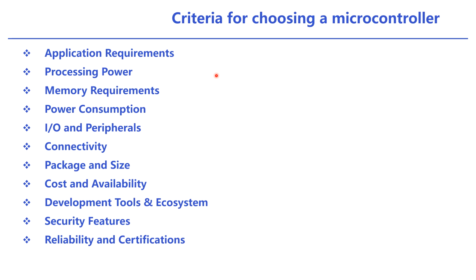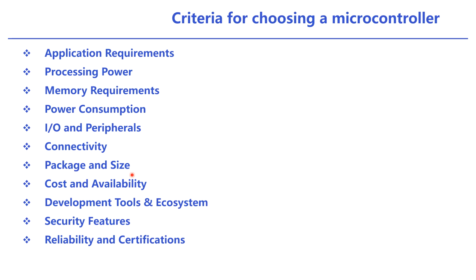Now we come to the criteria for choosing a microcontroller. So we will see these criteria. First, application requirement. Second, processing power. Third, memory requirement. Fourth, power consumption. Fifth, input, output and peripherals. Next, connectivity.